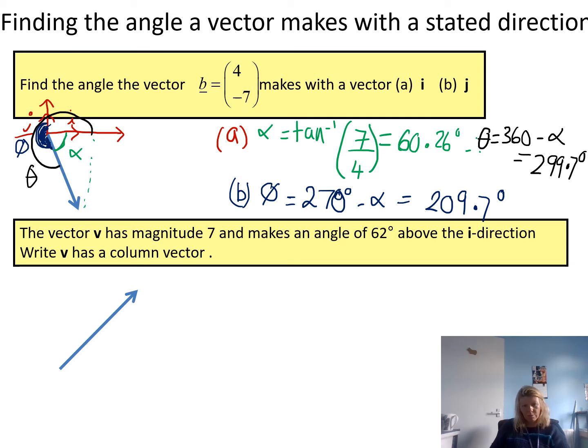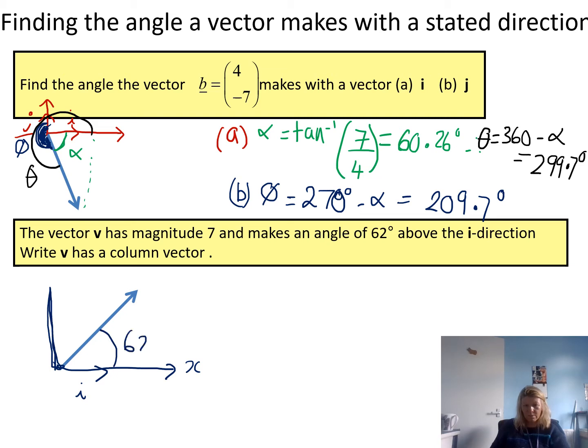Right, this question says the vector v has a magnitude of 7 and makes the angle 62 above the i direction. Write v as a column vector. So here's your i direction. It's the x-axis. It's saying it makes an angle of 62 above it.